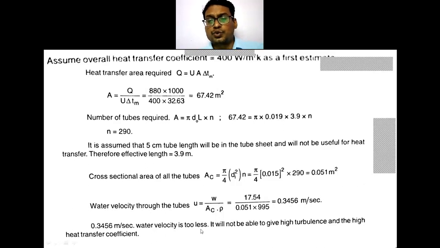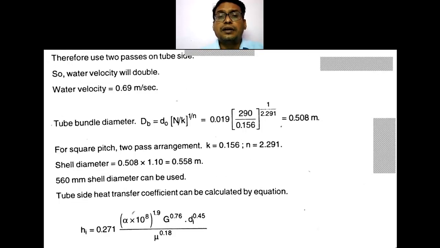So this water velocity is too less and it will not be able to give sufficient turbulence, and as a result higher heat transfer coefficients will not be obtained. So to increase the fluid velocity, we can make more passes.